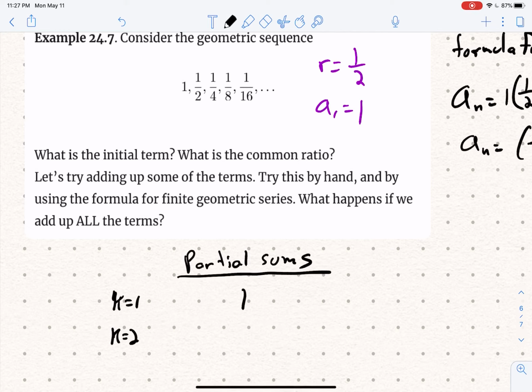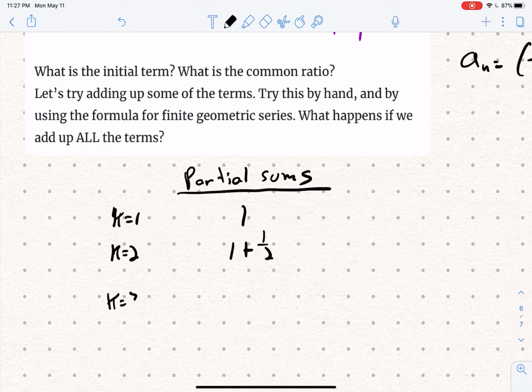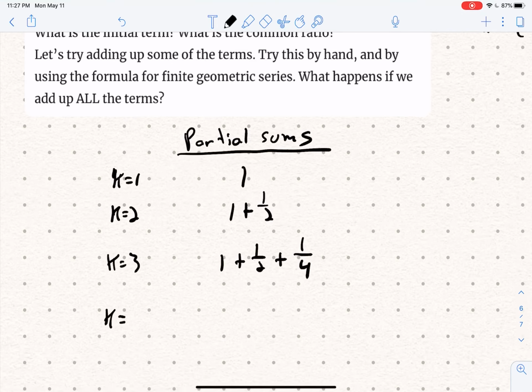When k equals 2, it's 1 plus a half. K equals 3, it's 1 plus a half plus a fourth. And k equals 4, it's 1 plus a half plus a fourth plus an eighth, and etc.